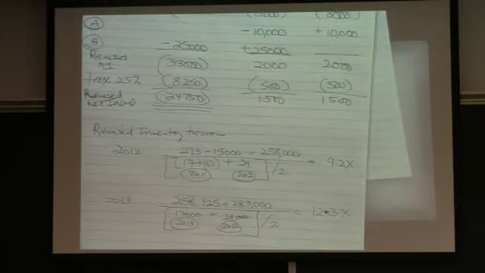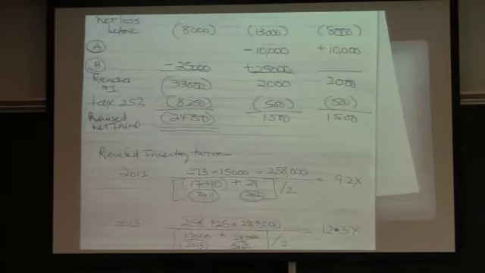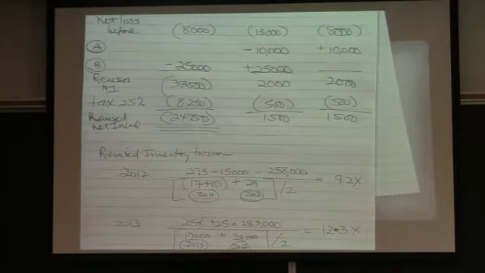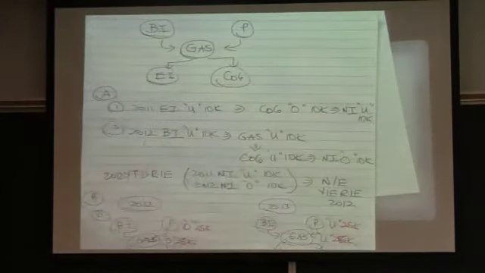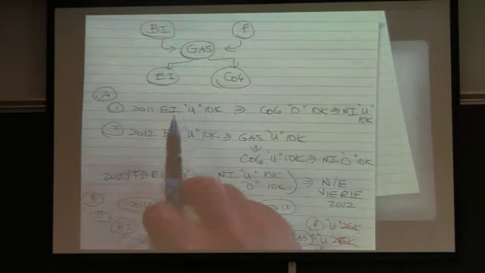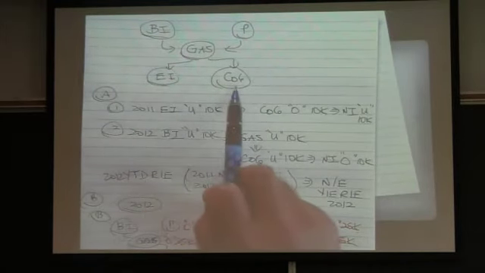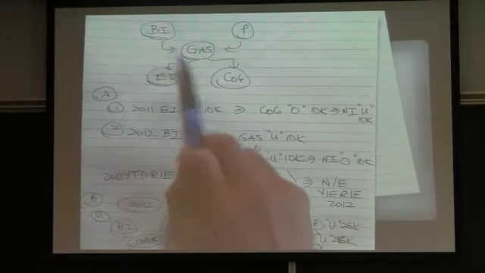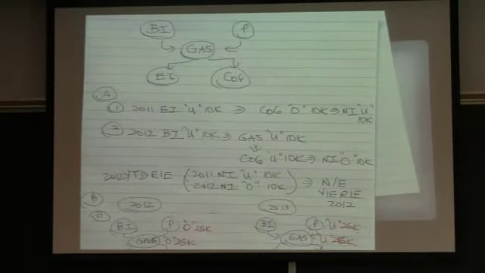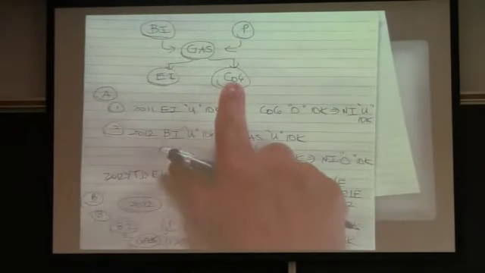Okay, so the key takeaway is when we're trying to figure out the impact of the error, you got to remember that the error corrects itself at the end of the second year. So in the first error, we discovered that 2011 ending inventory was understated. If that's understated, the cost of goods sold has to be overstated because goods available for sale is perfect. So the error wasn't really on the beginning and purchases, so cost of goods available for sale is right. But if this is understated, this is going to be overstated. If that's overstated, net income is understated.